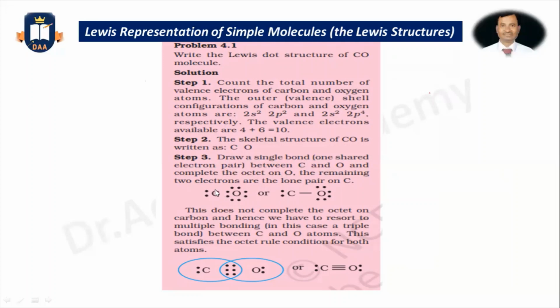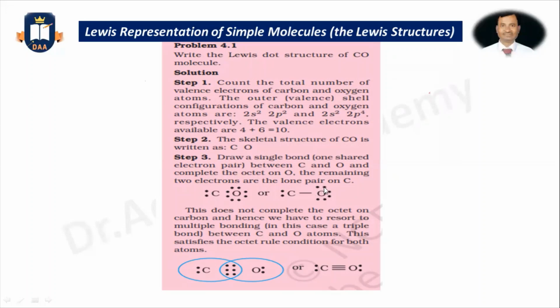And then you can see these are the individual atoms, carbon and oxygen. For the molecule, you have to write the Lewis structure. Then between carbon and oxygen, you have to put one single bond which represents 2 electrons, and then you have to complete the oxygen octet.